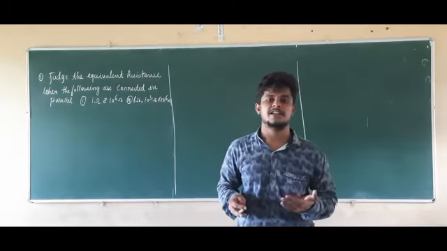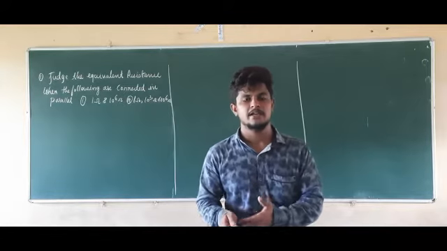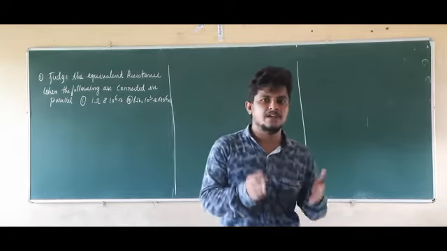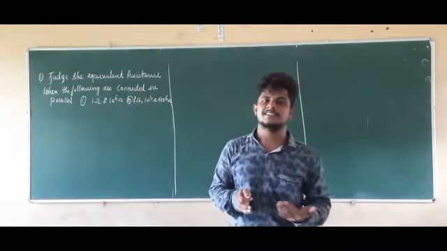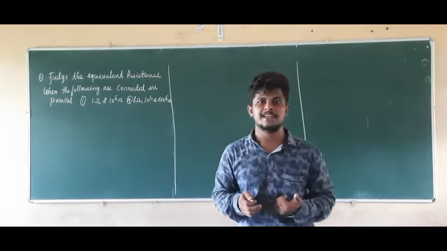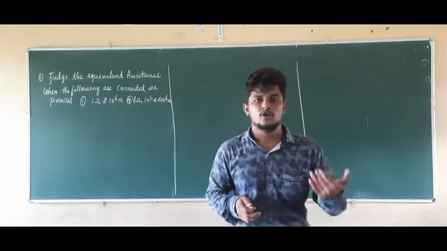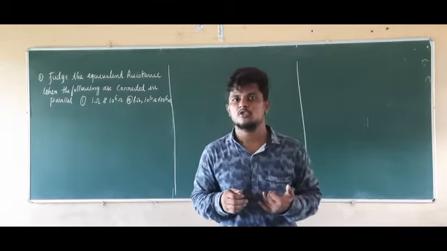The value of the current required in those equipments is different. If those equipments have different values, then how can we connect those home appliances, those components, in series connection? It is not possible that all those equipments are going to function on the same current. So it is not possible.